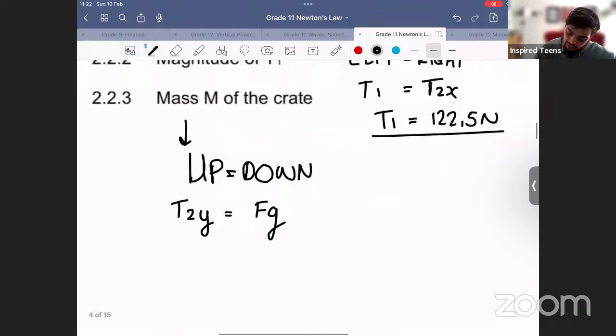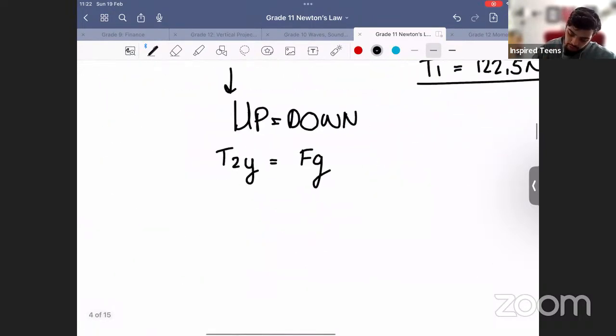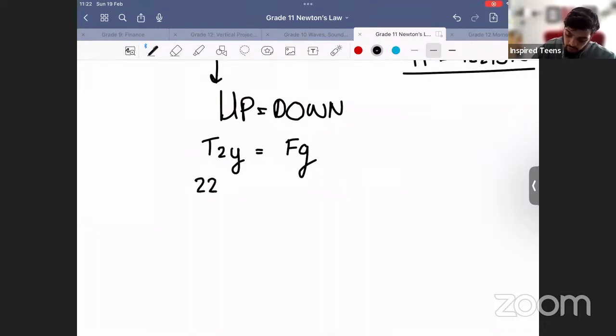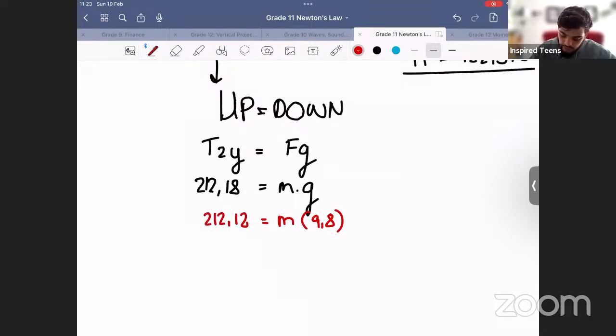T2y we calculated, it's 212.18, which is equal to m times g. Remember, Fg is m times g. In this case, m is unknown, but g is gravitational acceleration, which is 9.8. We divide by 9.8 to get the mass of the object as 12.5 kgs.